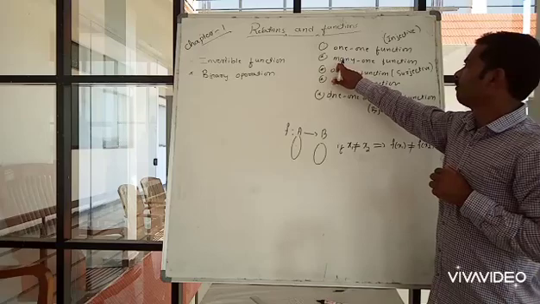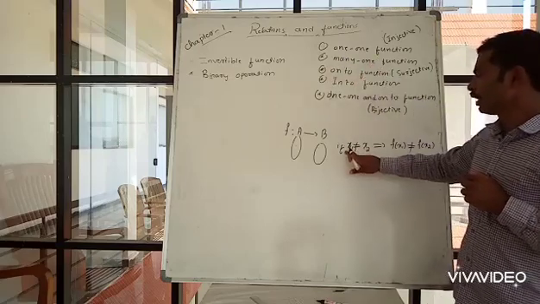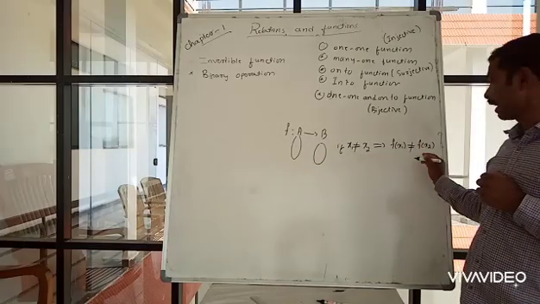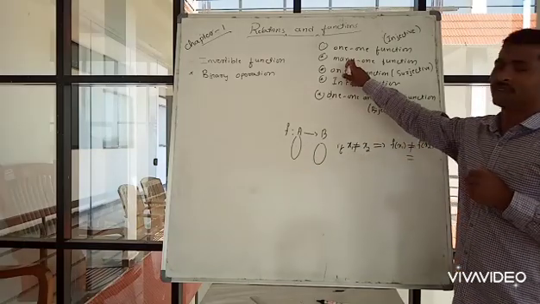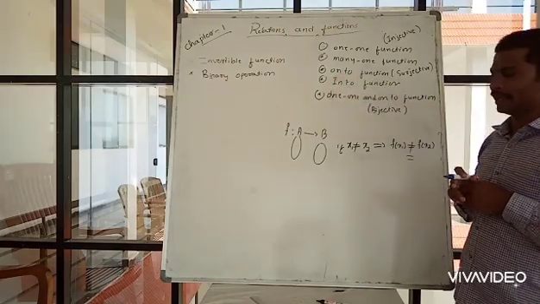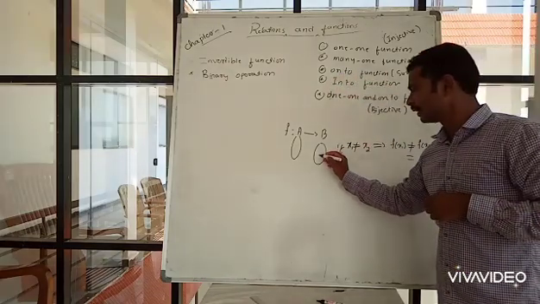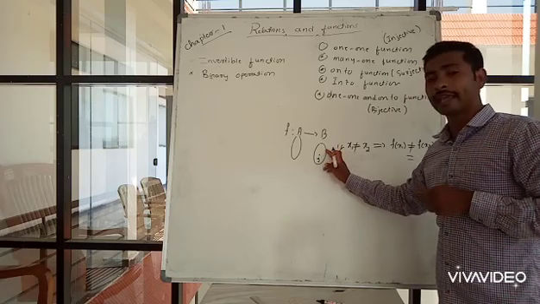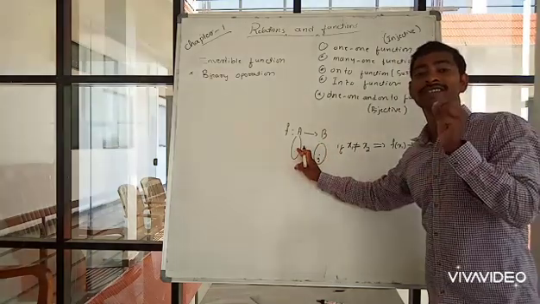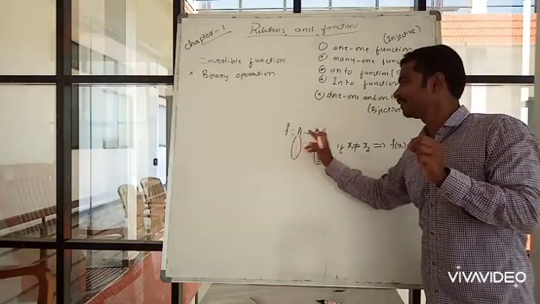Similarly, many-one function means two different elements in the domain have the same image. For the onto function, each element y in the codomain is the image of some element x in the domain.